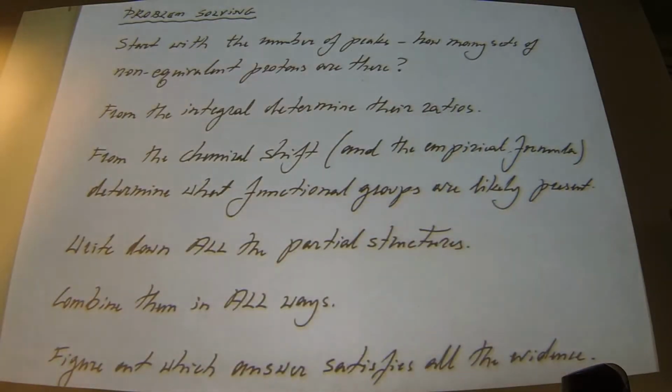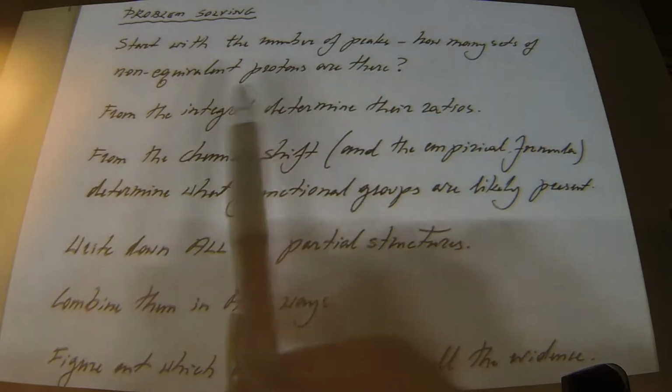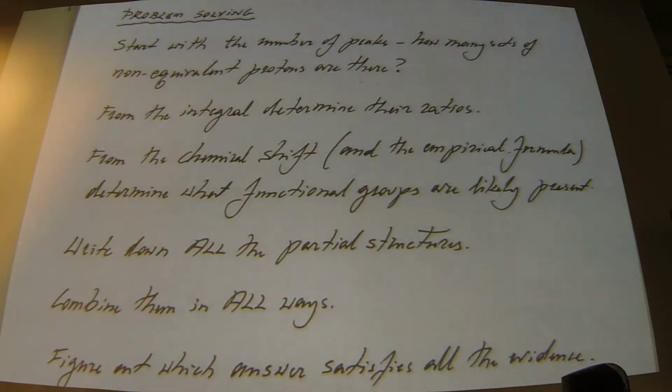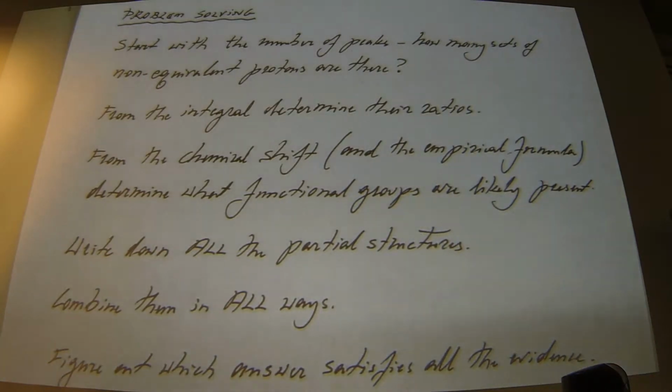Now, for the NMR part of the problem, start with the number of peaks. So you try to figure out, how many sets of peaks do we have? The number of sets of peaks will give you the minimum number of stereochemically non-equivalent protons. Now, why do I say the minimum number? Well, because, as I said, you could have accidental overlaps.